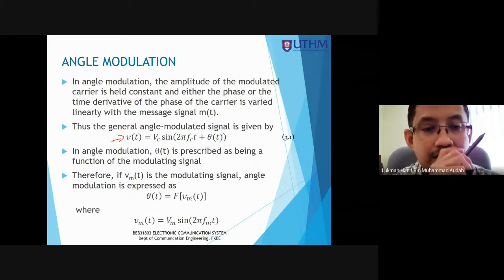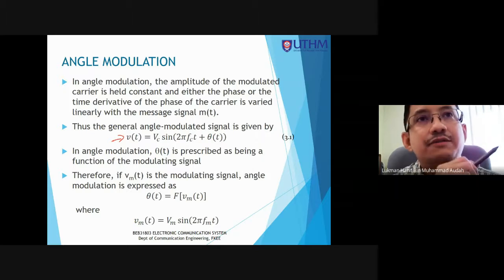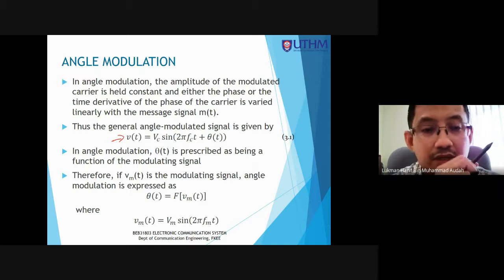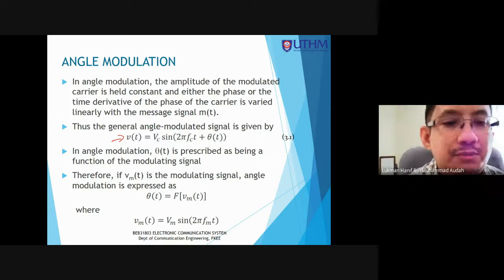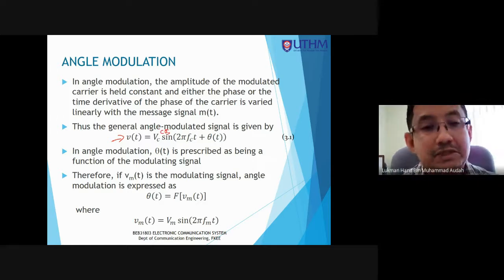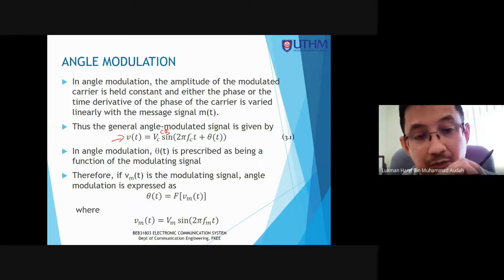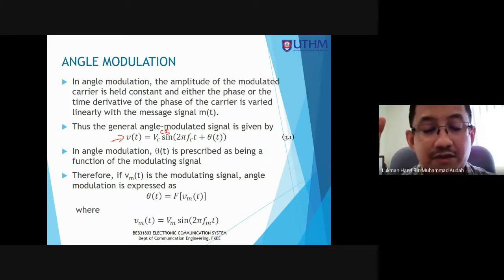This is from Wayne Thomas's book, where he used a sine function. If you read other literature books, you will see that some of them use a cosine function. No problem, we can use cosine or sine function.